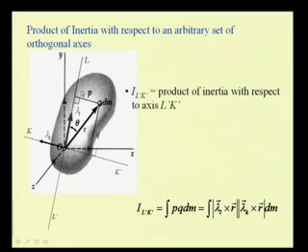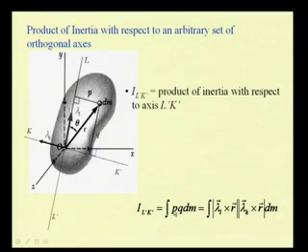It is nothing but the product of the distance of this elemental mass from these two axes, that is p and q. So, we have integral p q dm as the product of inertia of this body with respect to these two orthogonal axes. So, again we write this p and q in terms of the vectors, that is lambda L, lambda k and r.